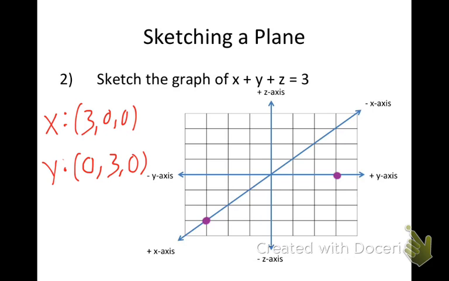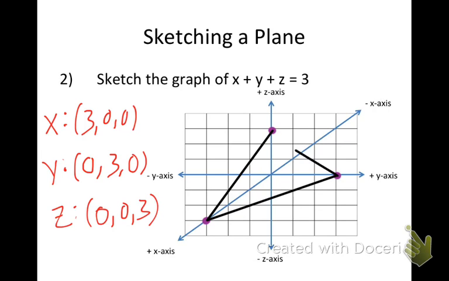And Jace, what's my z-intercept? 0, 0, 3. Nice job. So again, I plot those coordinates, connect them, and I shade everything in. And there it is. Nice job.